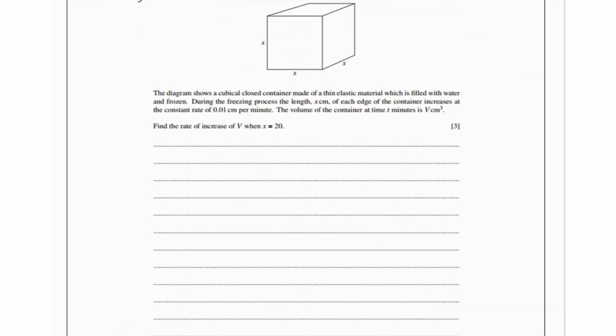So we know that dV by dt is the same as dV by dx times dx by dt. We know that the edges are increasing at a rate of 0.01 centimeter per minute, so as given in the question, dx by dt is 0.01.